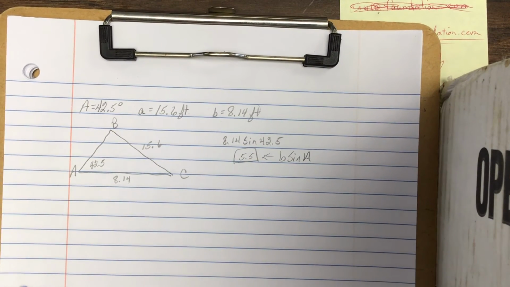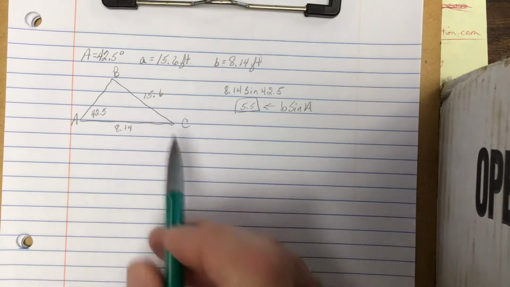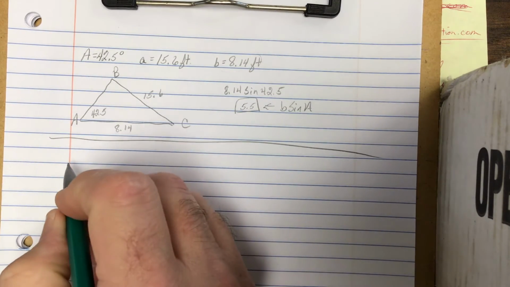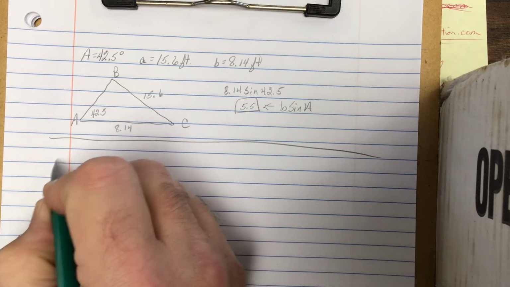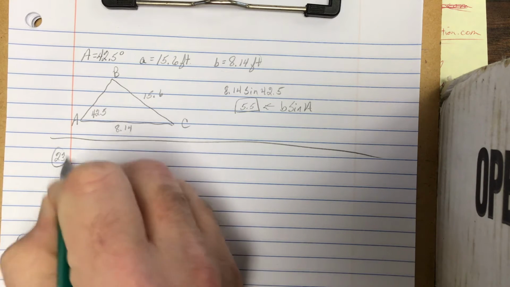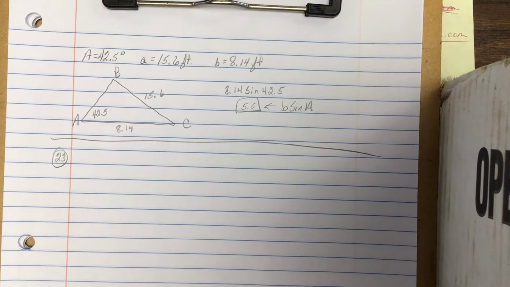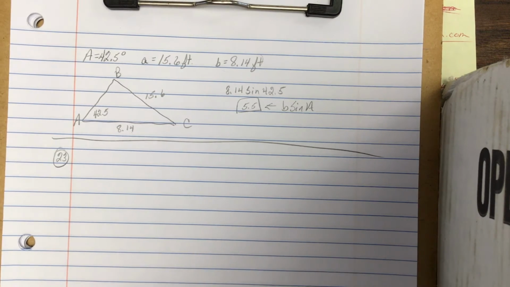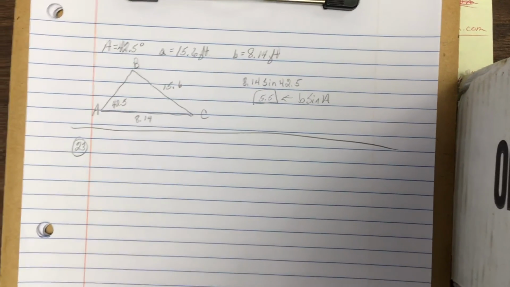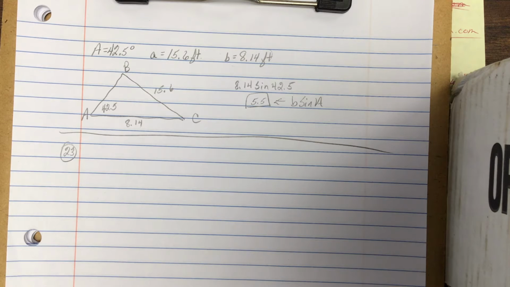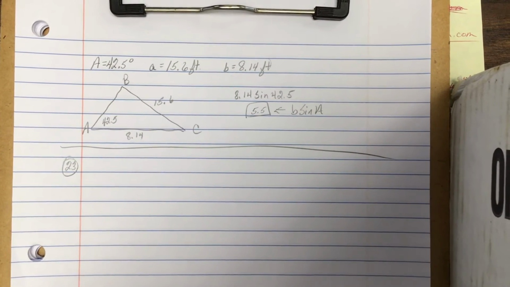Okay? Now, let's look at the next problem, which is not the next one, but number 23. As I look at 23, I try to get it over just a little without letting it fall off my box. All right.